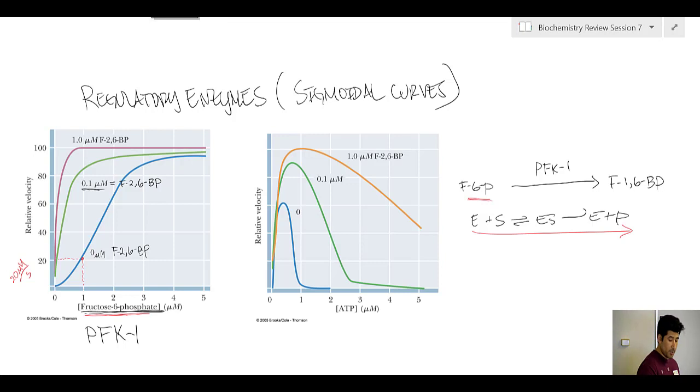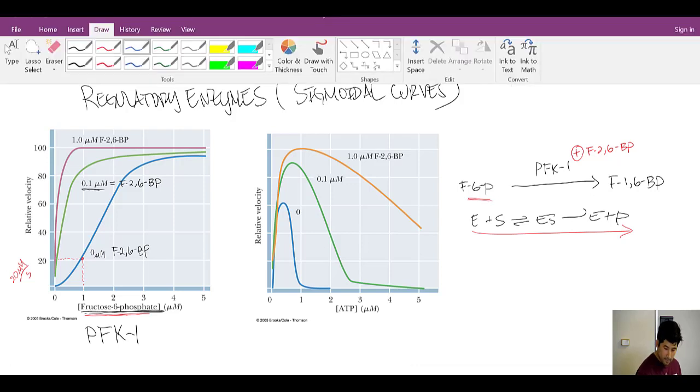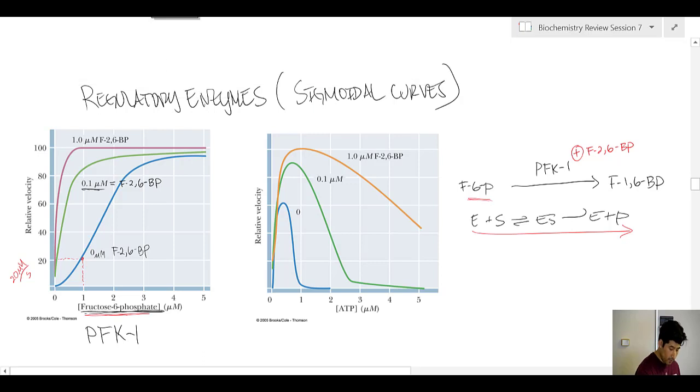Whenever we introduce 0.1 micromolar of fructose 2,6-bisphosphate, what has happened to the velocity of the reaction? Let's use green. Whenever we introduce 0.1 micromolar of that, look at the velocity.